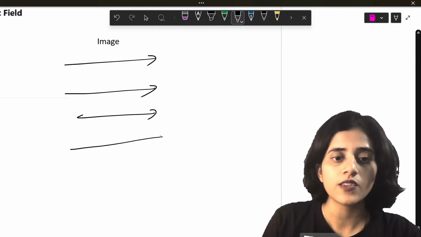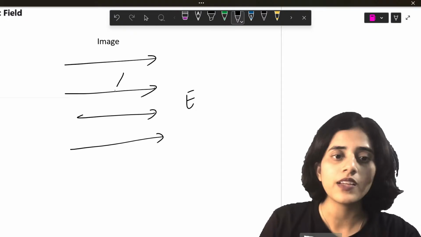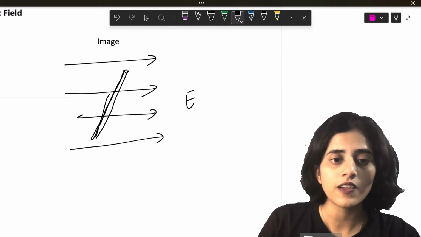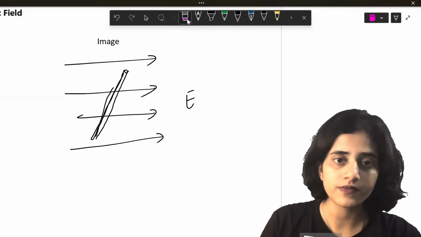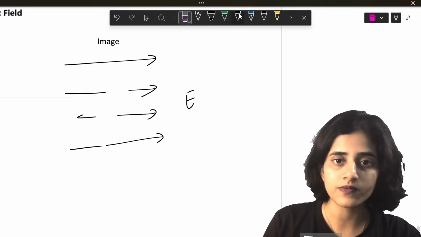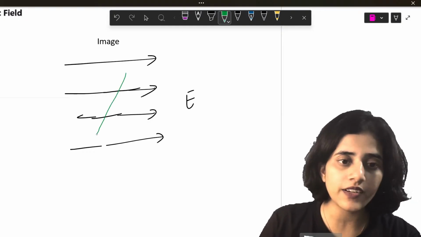So you're considering an electric field E. Inside the electric field, I'm going to consider a dipole.